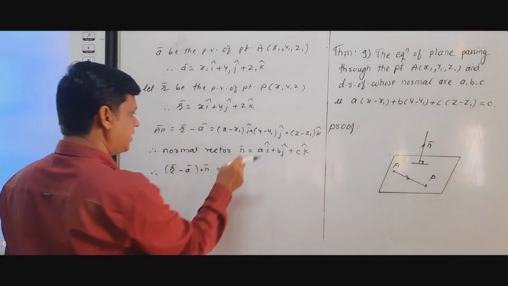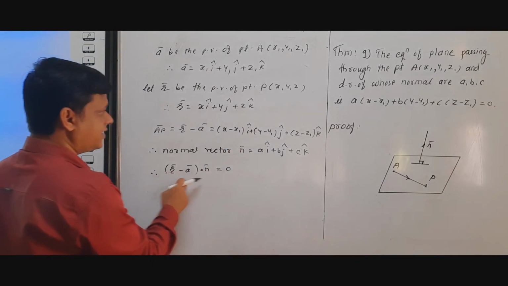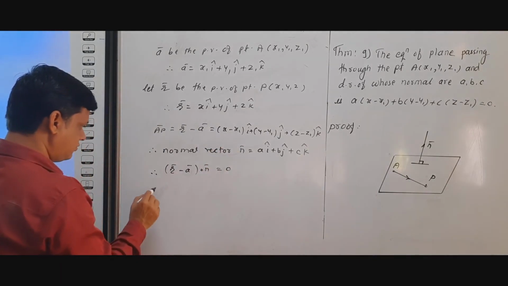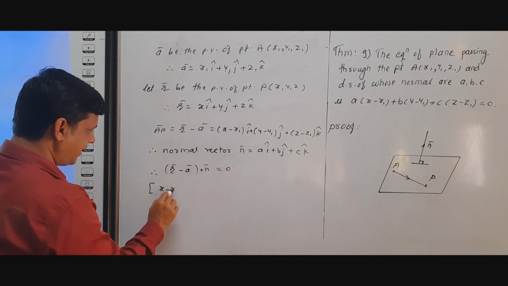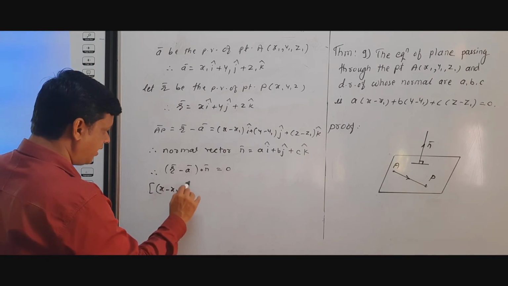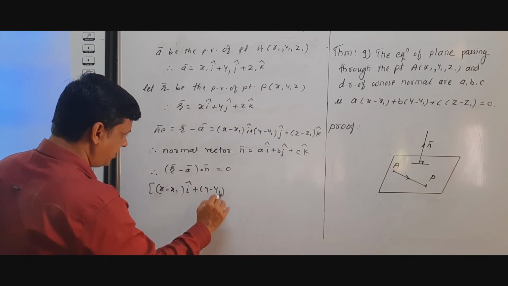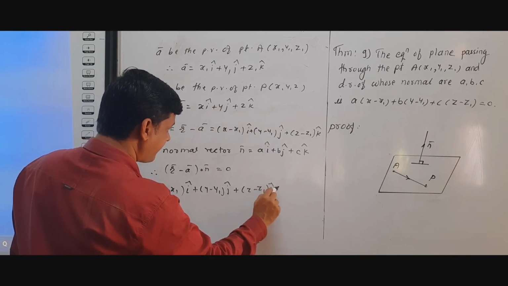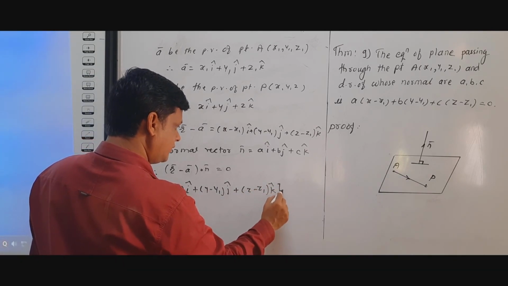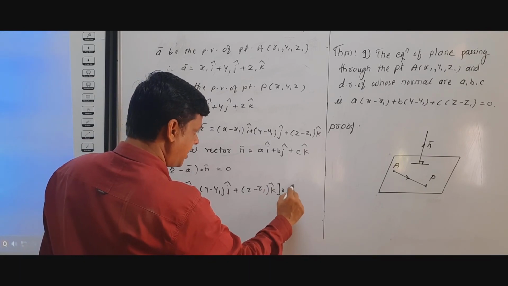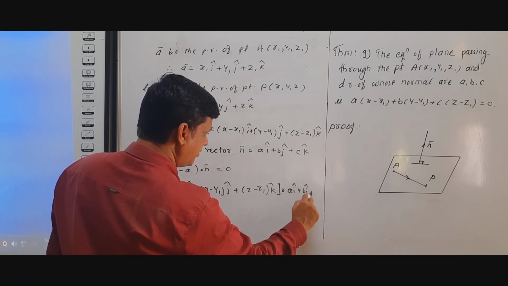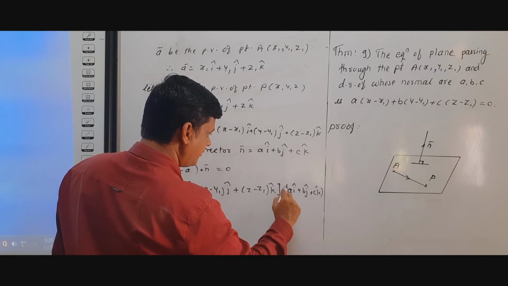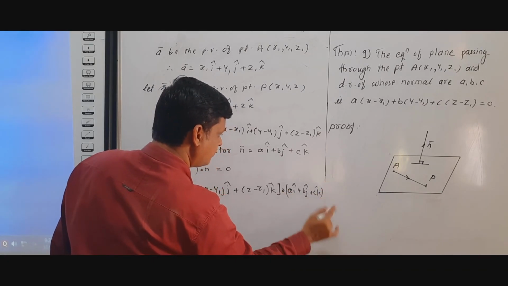Here r bar minus A bar means this vector: x minus x1 i plus y minus y1 j plus z minus z1 k, dot a i plus b j plus c k is equal to 0.